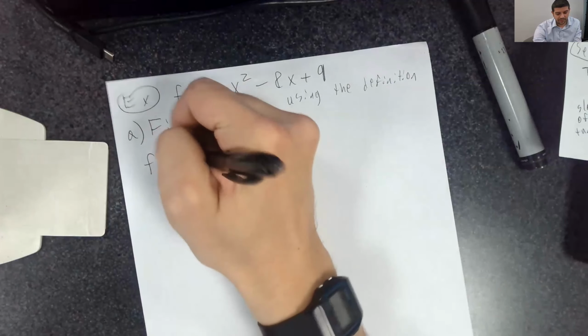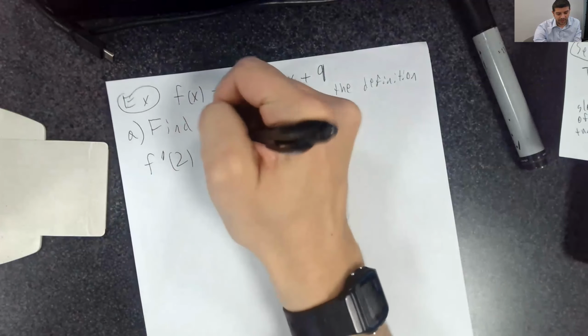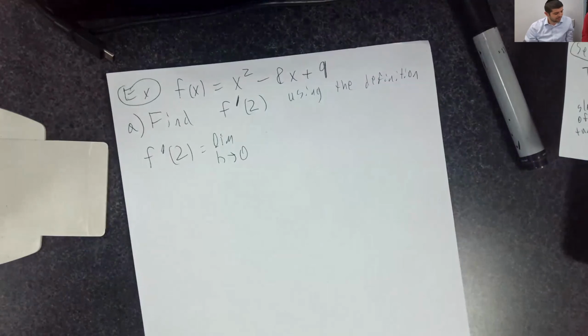Okay, so it's f prime of 2. It's always the limit as h goes to 0. Be careful: doing the shortcut will get you zero credit on the exam. I know students that have taken this course could do it in a second using the shortcuts, but watch out.